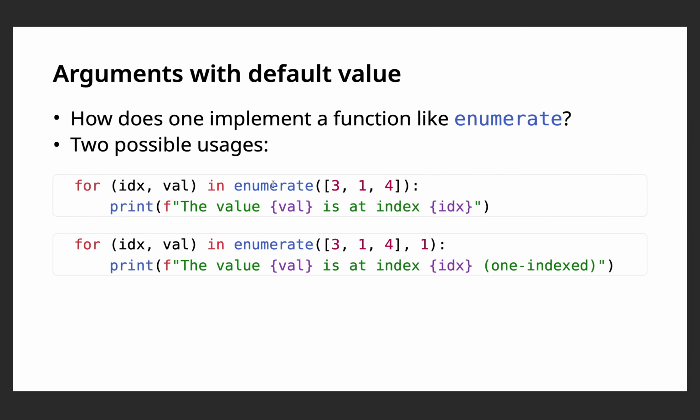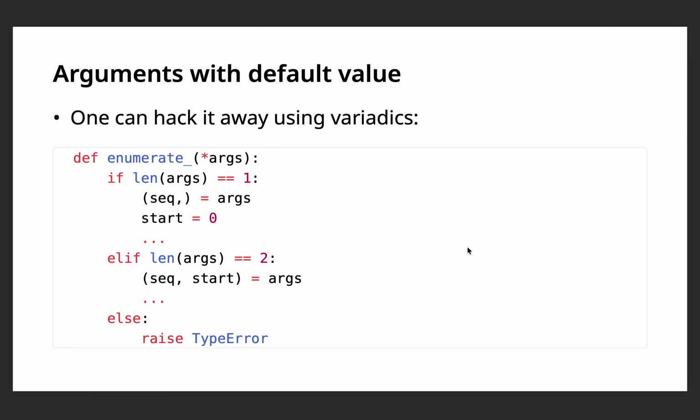So how do we actually implement the enumerate function so that it can work like this and like this? Well, one solution is to use variadics. Remember from one of the previous lectures, variadics allow your function to accept any number of arguments. So here we're doing a conditional check on the number of arguments that you get in the variable args.